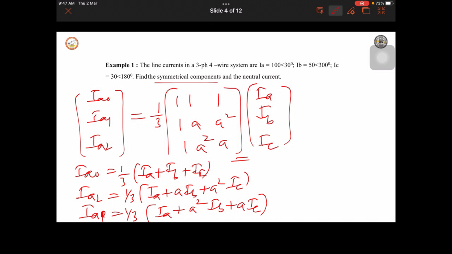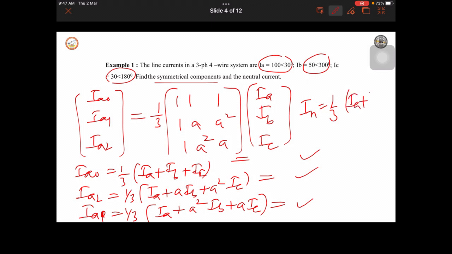Here IA, IB, IC values are given. Substitute these values and use a calculator in complex mode to find the symmetrical components of currents. And the neutral current is 1/3 of IA plus IB plus IC, because it is star connected and the neutral is grounded. Therefore this is the neutral current formula. By knowing IA, IB, IC, you can find the neutral current.